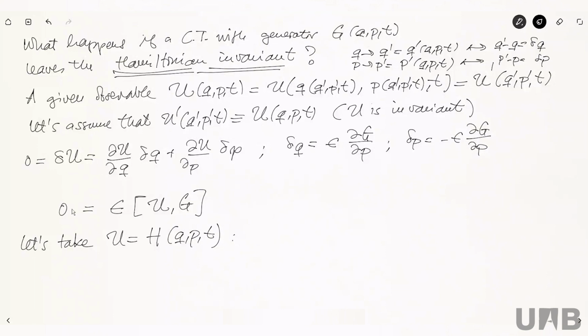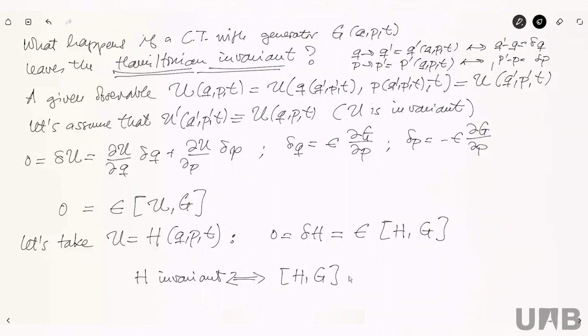So if U is the Hamiltonian, then 0 equals the variation of the Hamiltonian because it doesn't change. And this is epsilon times the Hamiltonian Poisson bracket with the generator. So if this is 0, that means that the Hamiltonian is invariant whenever the Hamiltonian and the generator have a vanishing Poisson bracket.